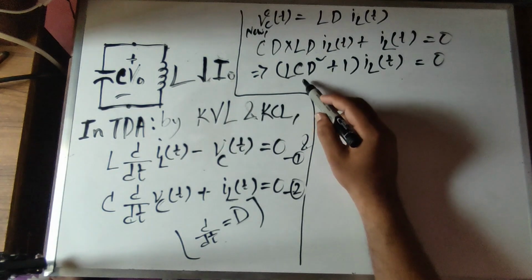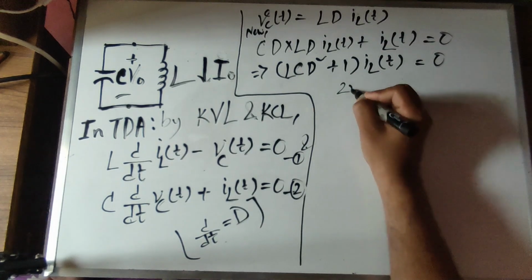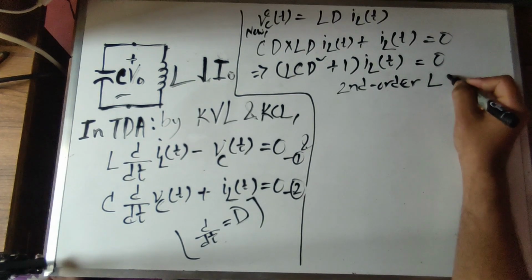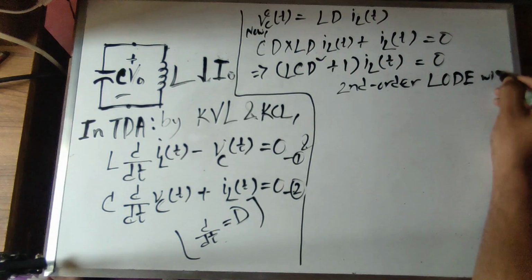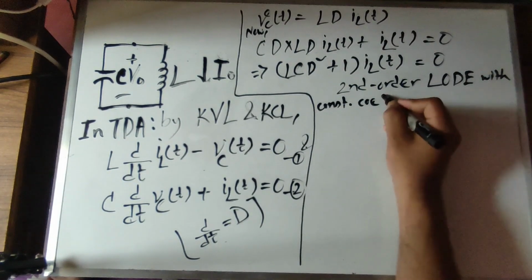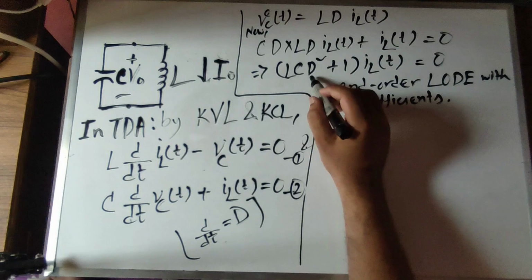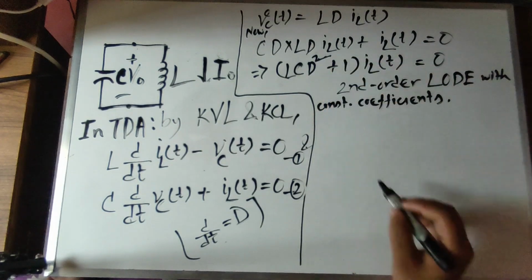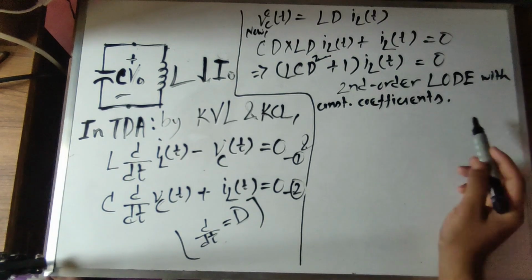So where the constants are L and C, and this is a second order linear ordinary differential equation with constant coefficients, because the power of D, the differential operator, is 2 here.